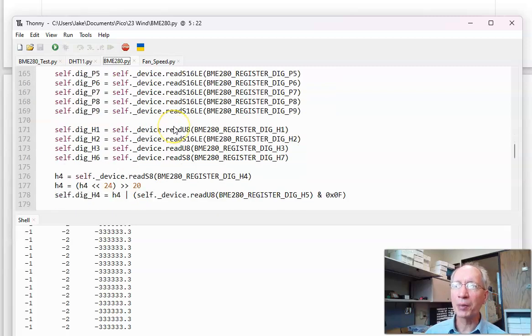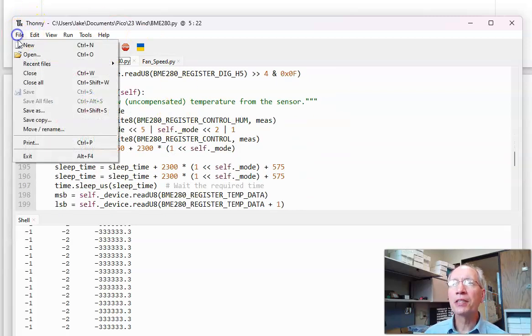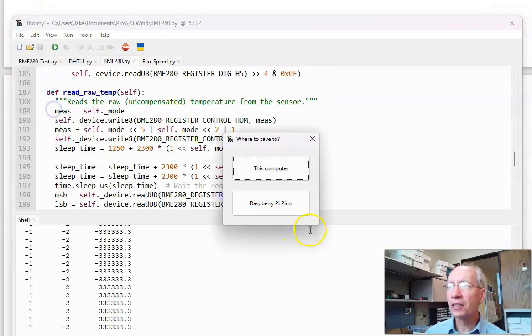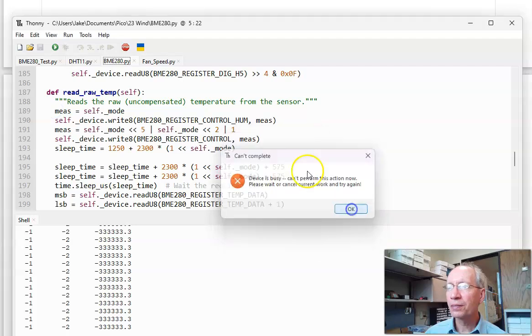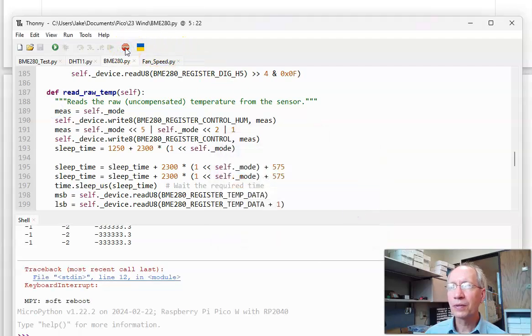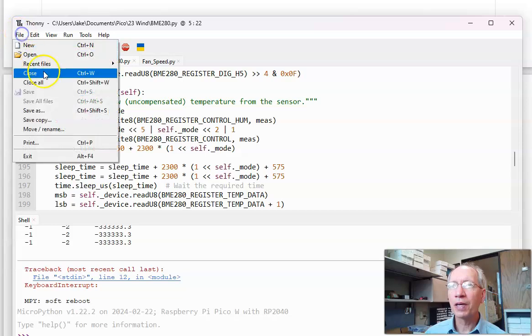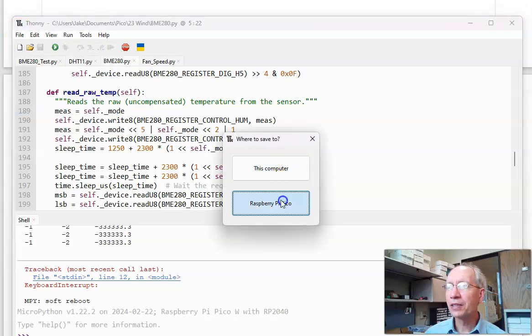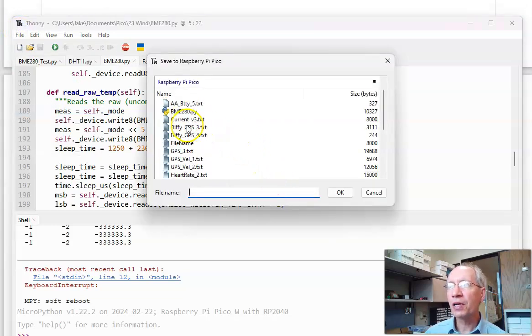It's also on Bison Academy. And then save it using File, Save As. You've got to save it on the Raspberry Pi Pico somewhere. There it is, BME280.py.